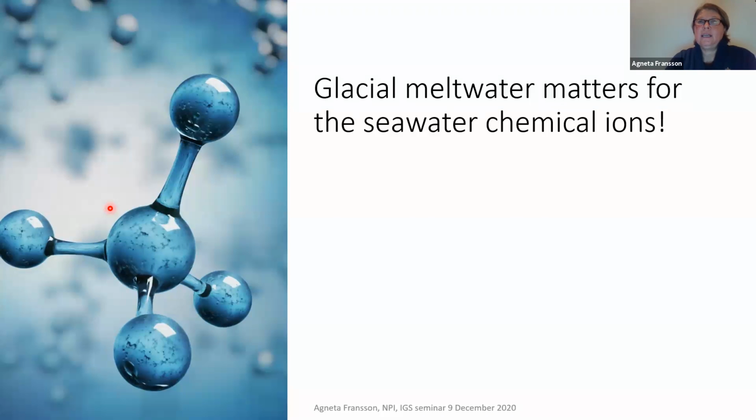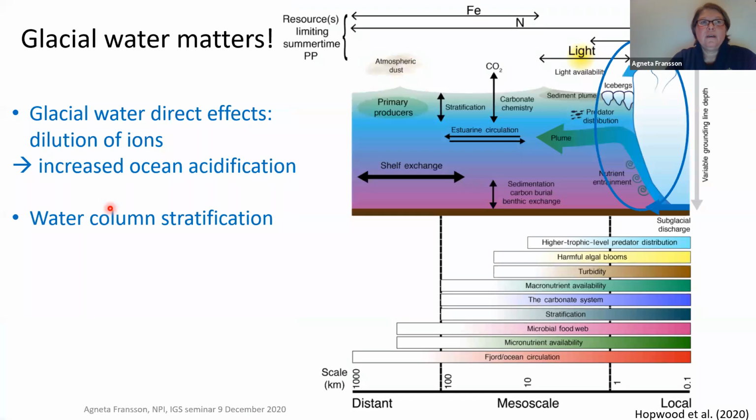So first, glacial meltwater matters for seawater chemical ions. The blue circle here in the figure shows the meltwater from the glacier, and if it's from the surface, it's really fresh, and it can also contain sediment particles.